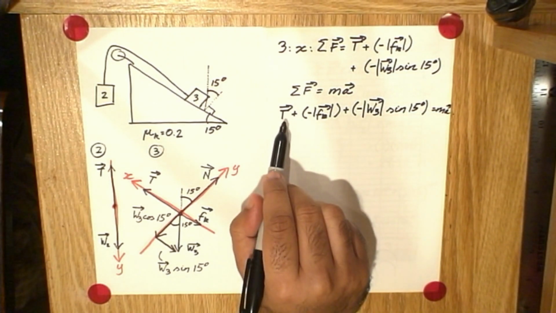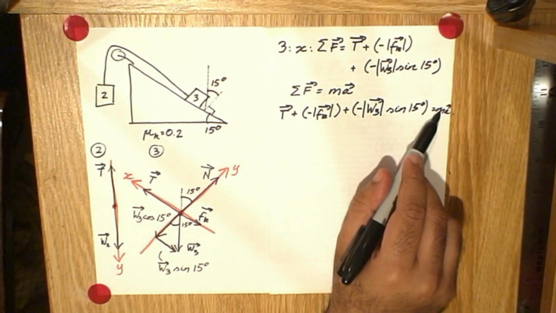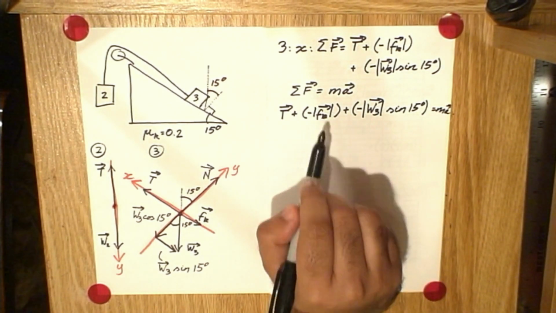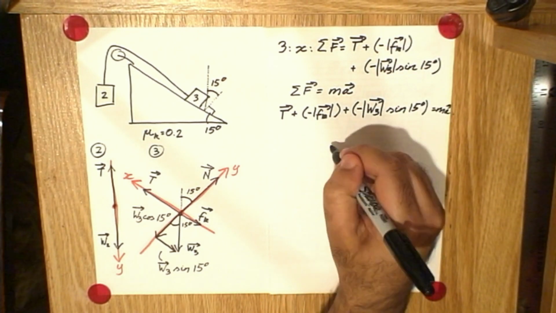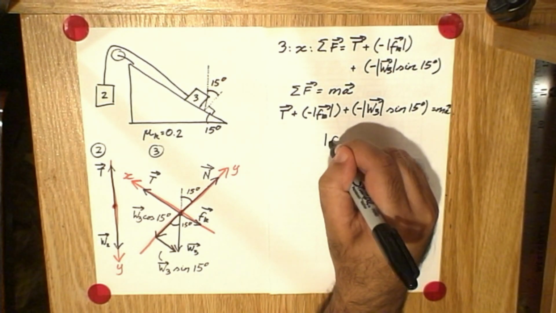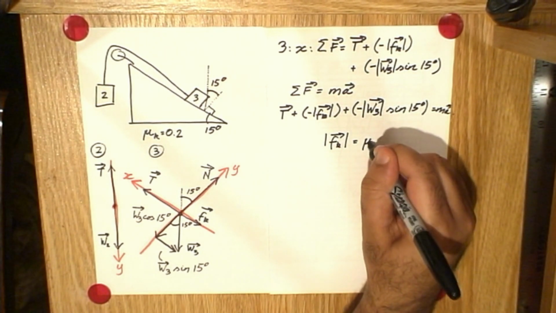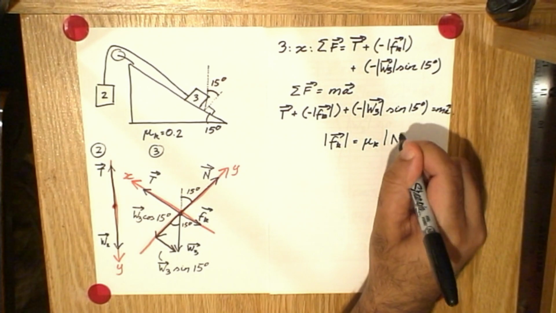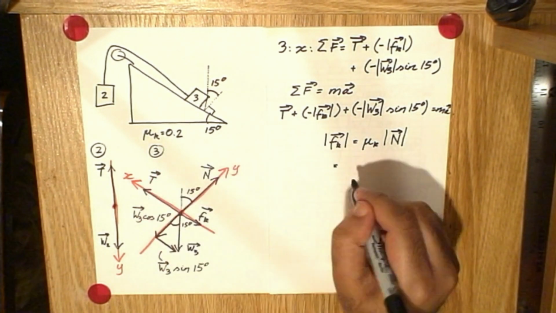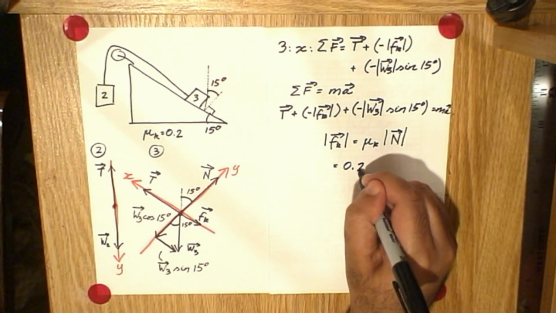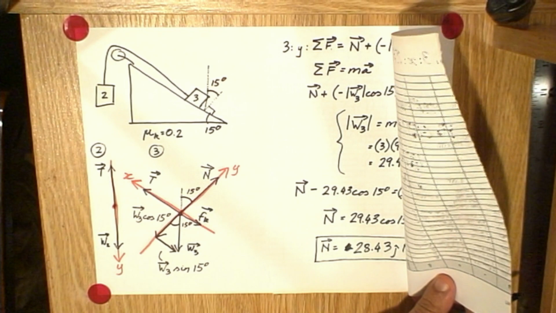The tension is unknown, but the weight is known, the mass is known, and we can solve for the value of the friction, rather. So the value of friction is equal to mu sub k multiplied by the normal force. Mu sub k, we were told, was 0.2, and earlier we solved for the normal force, 28.43.